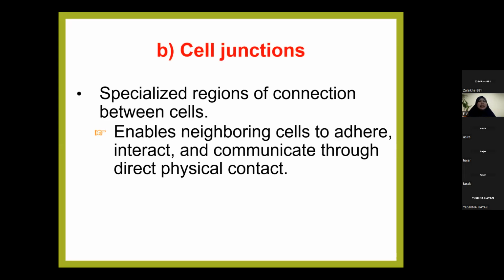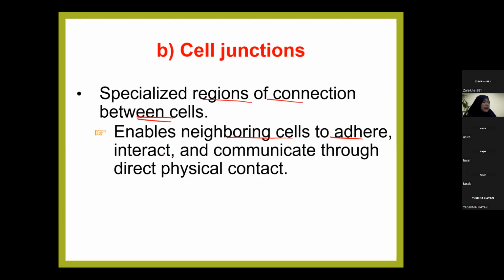What is cell junctions? Okay, cell junctions are specialized region of connection between cell. Bahagian penghubung antara cell. Right? So what is the function ataupun what is the importance of cell junction? It enables neighboring cell to adhere, right? Membantu sel bersebelahan untuk melekat ataupun adhere lah, melekat antara satu dengan yang lain.